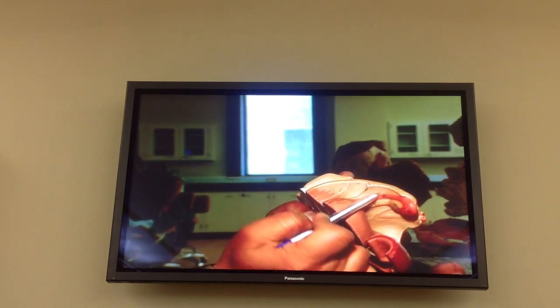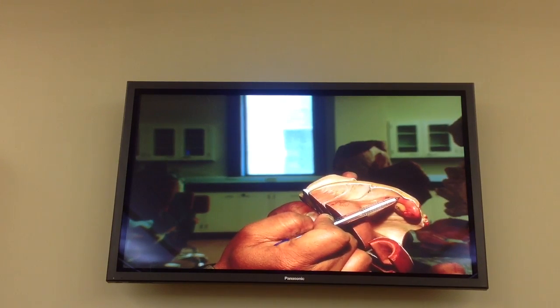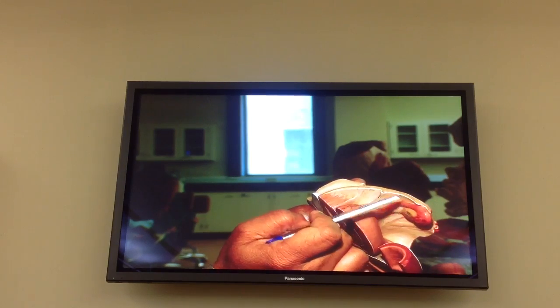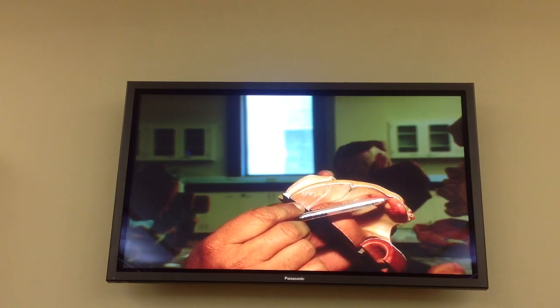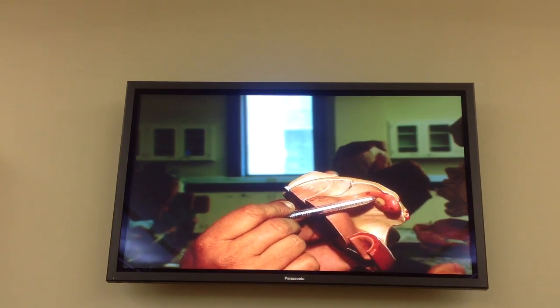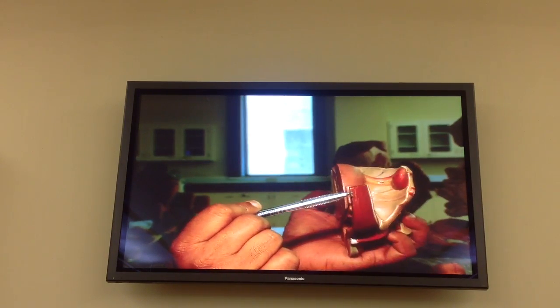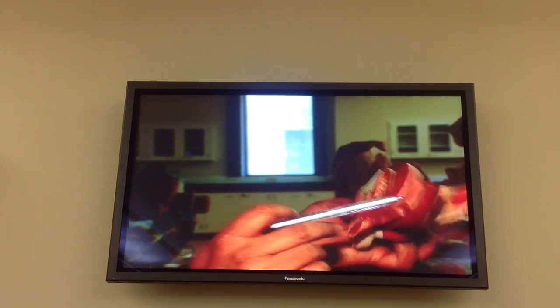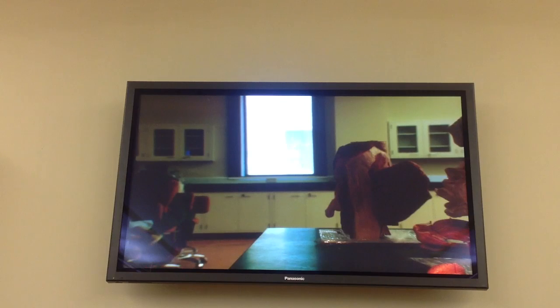The pink color is uterine tube or fallopian tube. This is uterine tube or fallopian tube, red color. Yellow color, this is ovarian ligament. Okay? What's the yellow? Ovarian ligament is of yellow color.